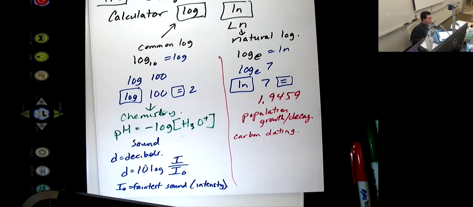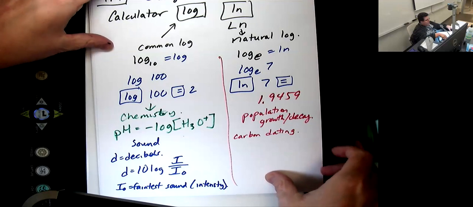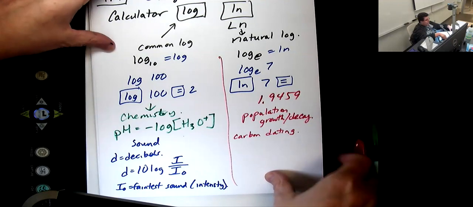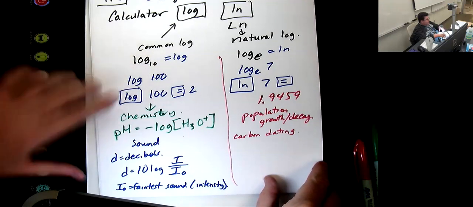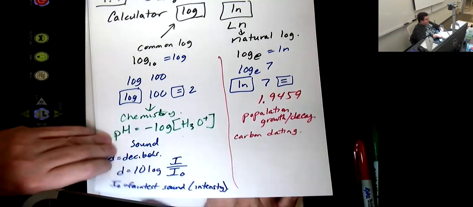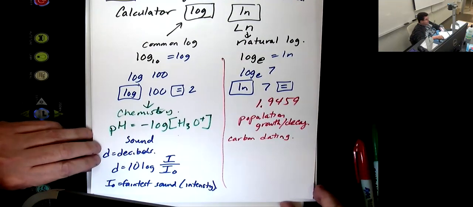I have one more formula to give you, and it's trivial. But what about everything else? What if we don't have a base that we like? We have log base 10 and log base E, but what if I want to put something else in a calculator? How do we get the other bases into a calculator?